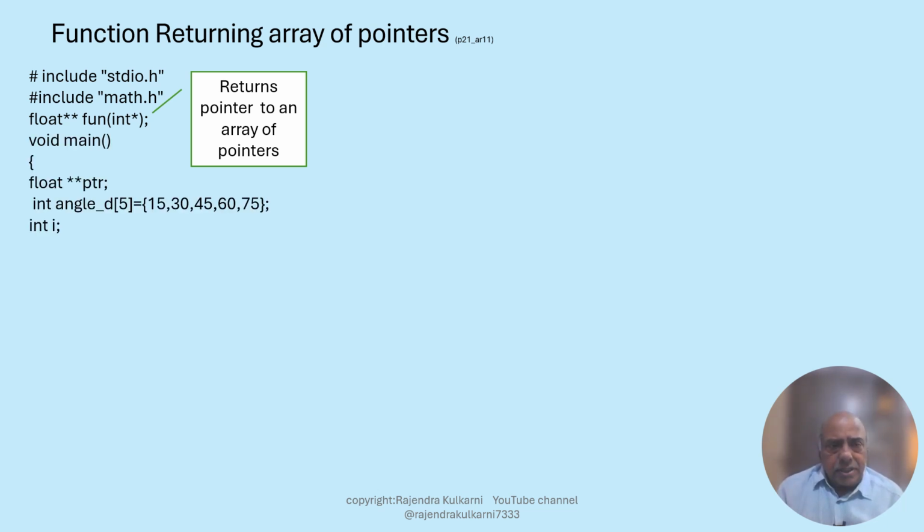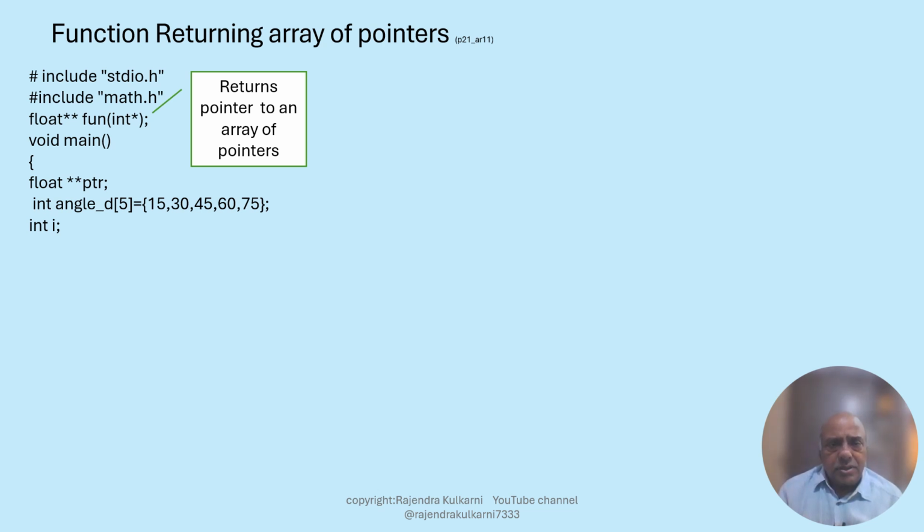Now we have declared a float star star ptr as a pointer to a pointer. Then there is an array named angle_d having dimension 5 and assigned with 5 values 15, 30, 45, 60 and 75.